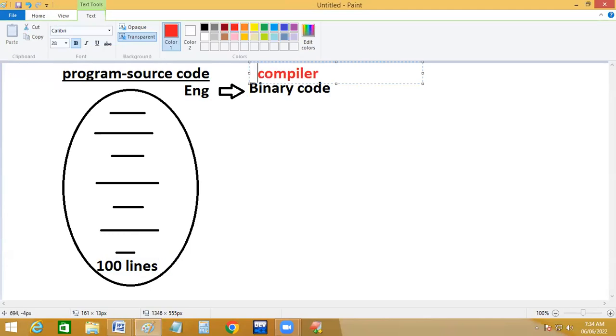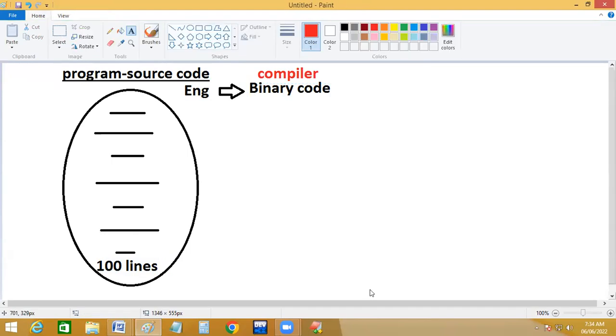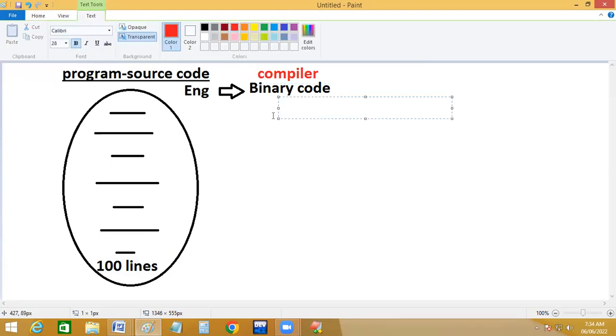Listen everybody, the compiler's work is converting our English program to binary code. Not only that, another important thing is there: it checks the errors. In interviews they ask the question, what does a compiler do? Immediately say the compiler does two things. Always the compiler does two things.